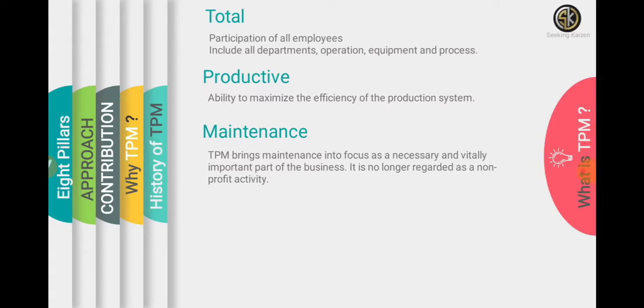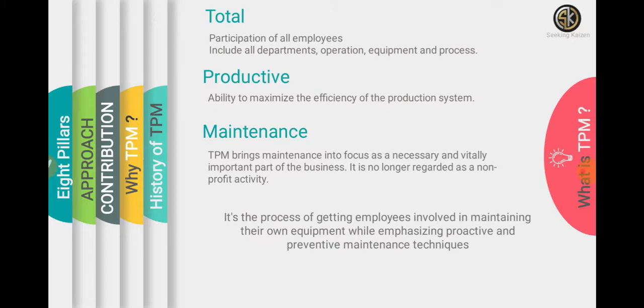Now, if we talk about the third word, maintenance, today the TPM itself has brought the maintenance into focus as a necessary and vitally important part of the business. It is no longer regarded as a non-profit activity. So these 3 words represent their own meaning. We'll discuss TPM thoroughly in the coming time.